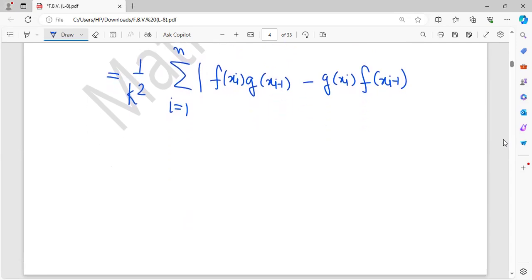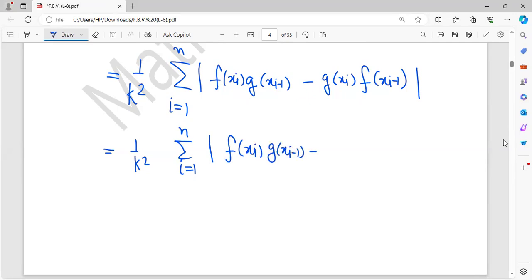So what am I to add and subtract here accordingly? What is this? Summation i goes to 1 to n, f(x_i) g(x_{i-1}).